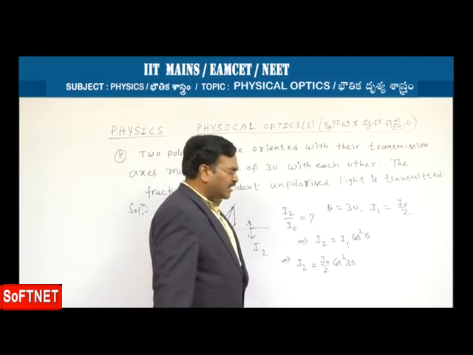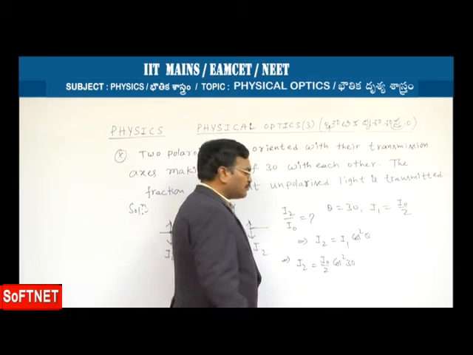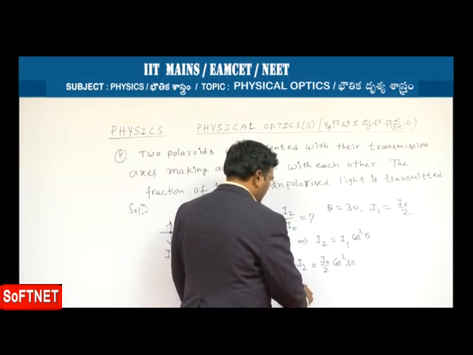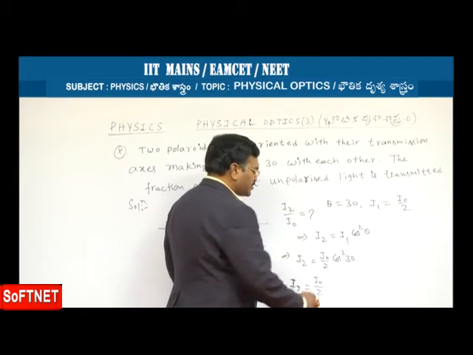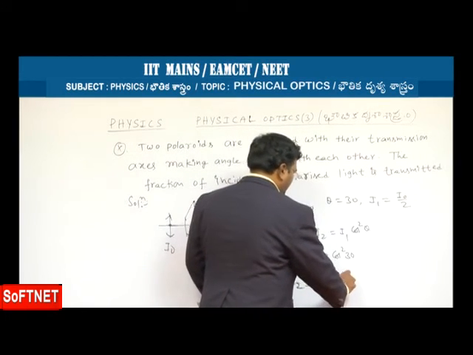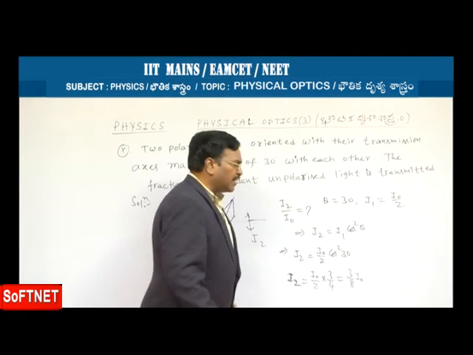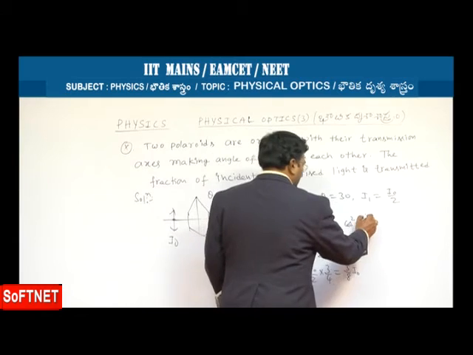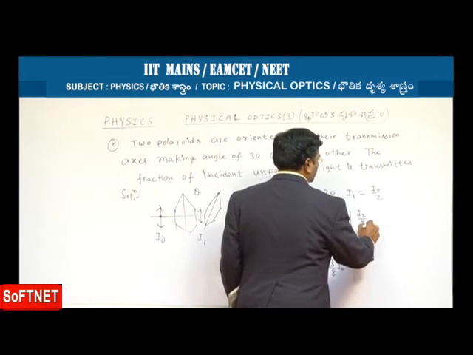Cos 30 is root 3 by 2, so cos square 30 is 3 by 4. So we get 3 by 8, that is 3 by 8 I naught. From this, I2 by I naught is 3 by 8.